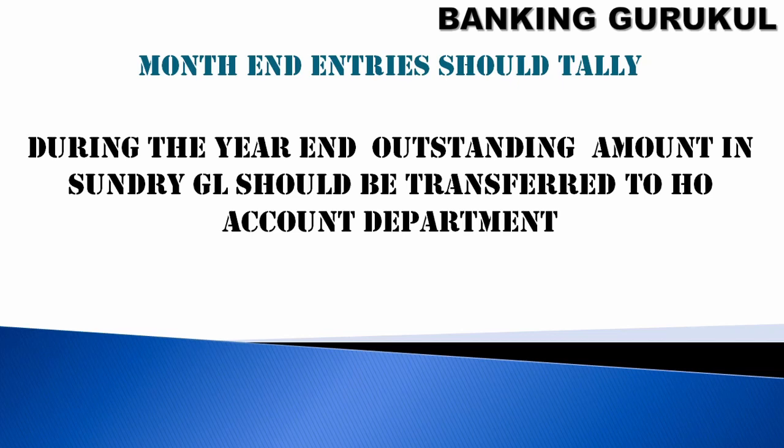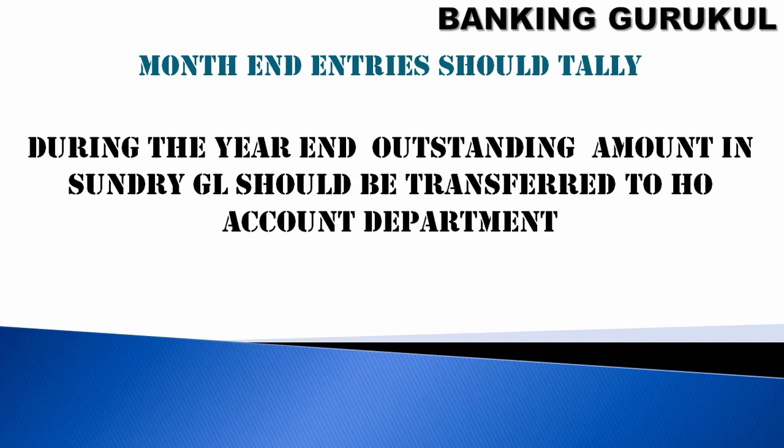Month-end entries should be tallied. Whatever amount is available in these ledgers, the individual entries should be tallied with the consolidated amount. During the year end, the outstanding amount in the sundry GL should be transferred to the head office accounts department.